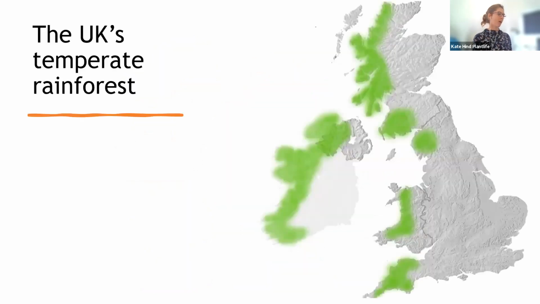So on this map, we've shaded in where temperate rainforest is in the UK. So right at the top, Westland, Scotland. I was there a few weeks ago, and as you're driving through the temperate rainforest, you can even spot some of the special species, the fantastic lichens, just driving through them. It was incredible.